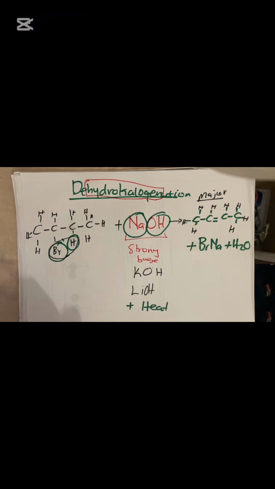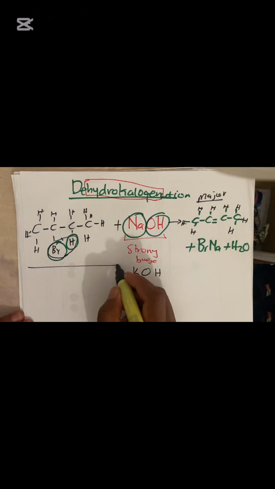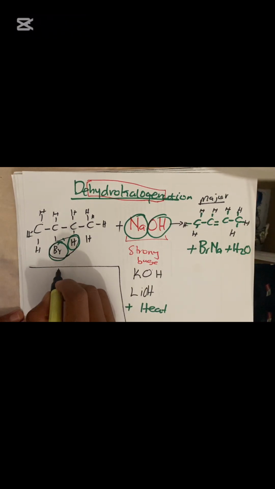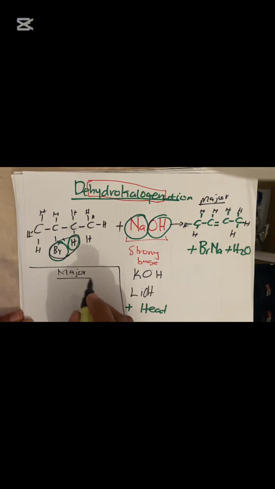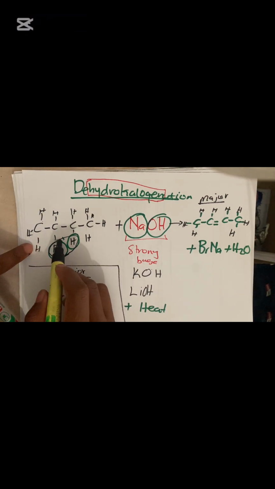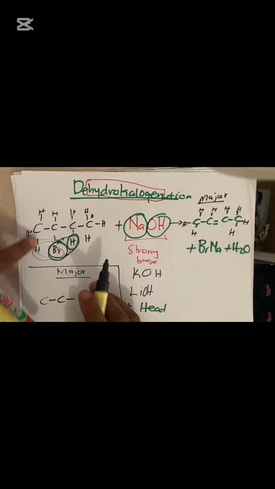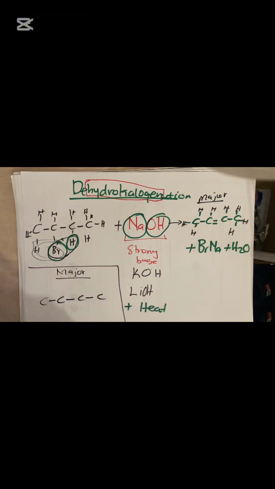So let's form the minor product now. How are we going to form the minor product? Let me show you. In this case, we are not going to be following the Zaitsev rule. Remember, Markovnikov is in addition, Zaitsev is in elimination. When we form that one, we are going to be removing this one and this one. It's opposite to the major product. So the double bond will come here, and then we're going to have something like this.